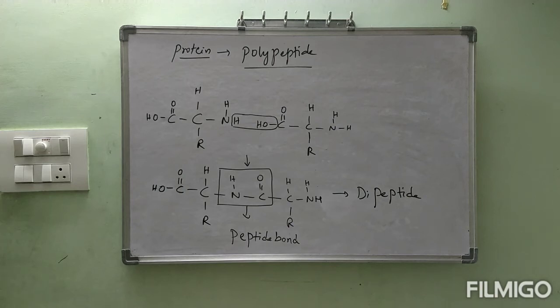Write one more point: if 3 amino acids are involved in bonds, that is called tripeptide. In tripeptide, how many peptide bonds will be there? 2 peptide bonds. Continuously, we will get polypeptide. That polypeptide is called protein.